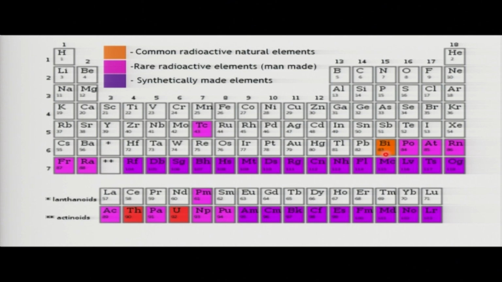Bismuth has 83. So if you have 83 and above protons, then that atom is bigger, and it is susceptible to decompose or to decay, forming stable atoms.